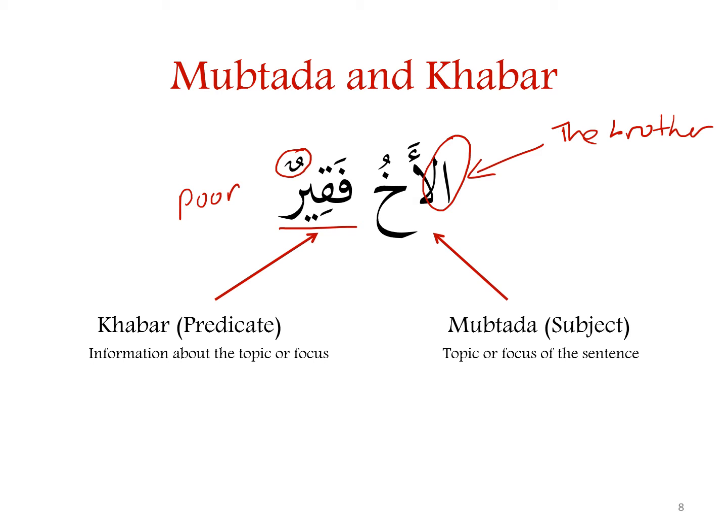So we can see the genders matching with al-akhu being in the masculine form and faqirun being the masculine form of that sifa. So the brother is poor. Mubtada, khabar.